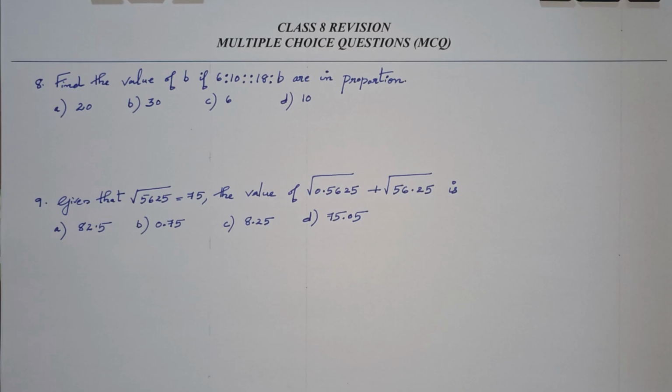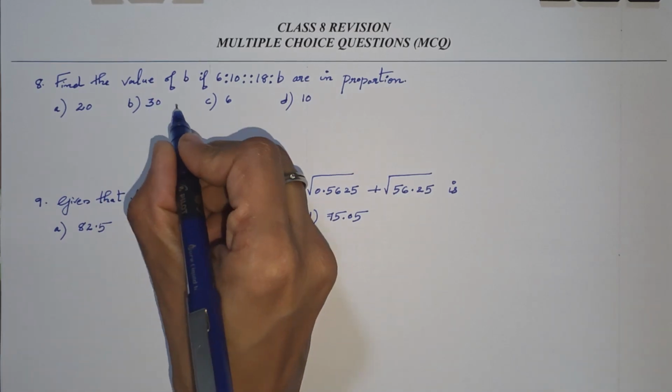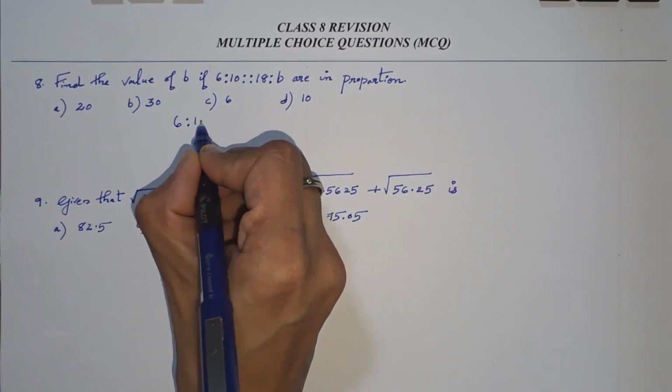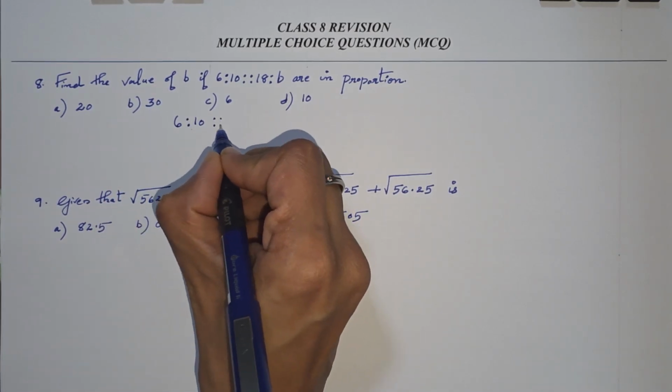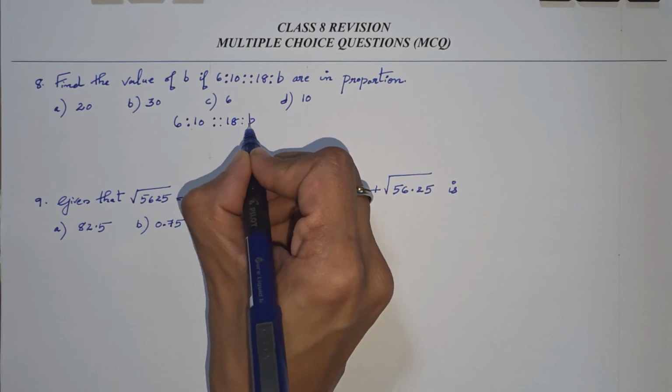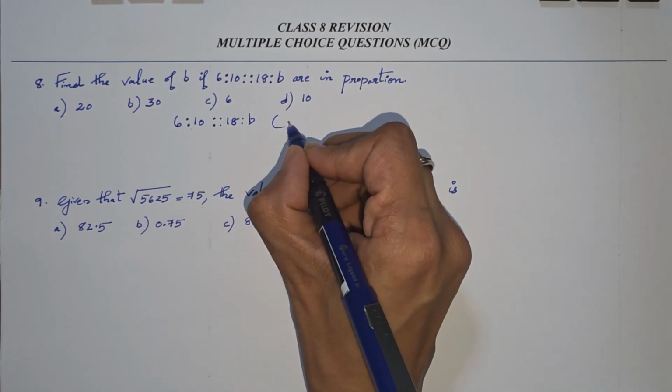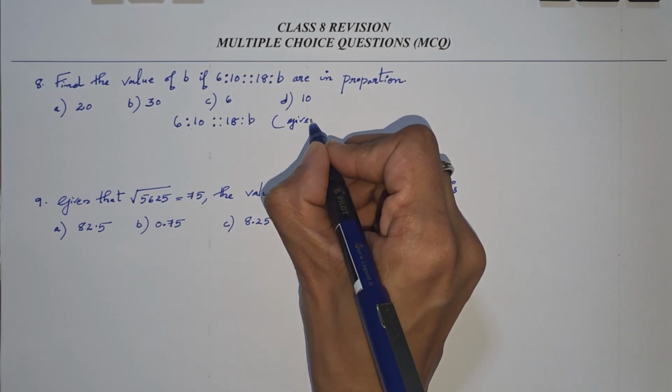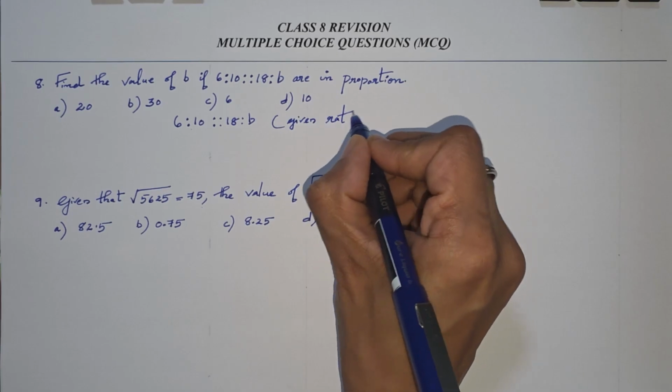The question says, find the value of B if 6 is to 10 as 18 is to B are in proportion. Options are A 20, B 30, C 6 and D 10. Now what is given? 6 is to 10 as 18 is to B. That means given ratios are equal.